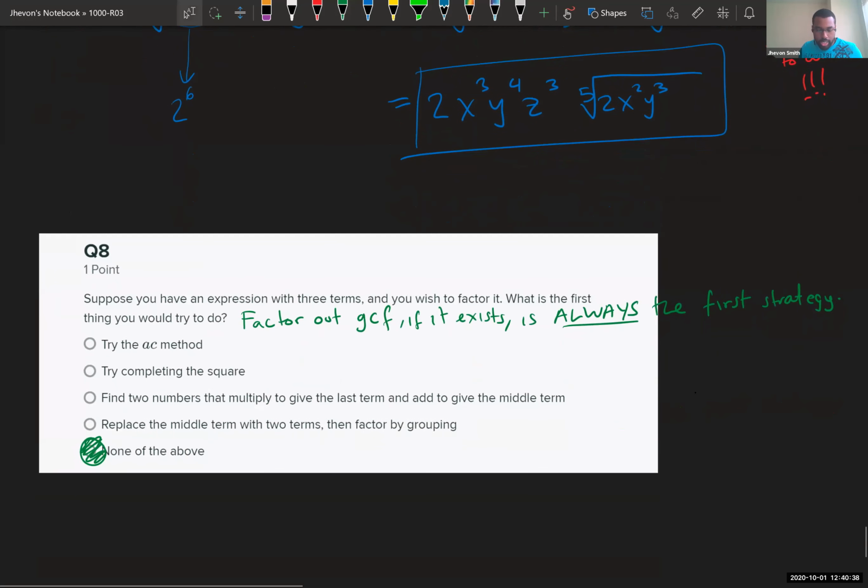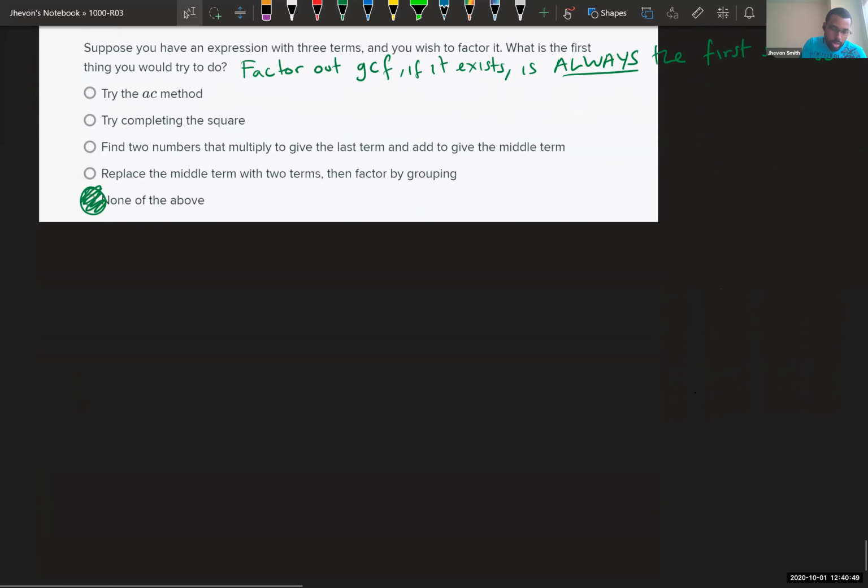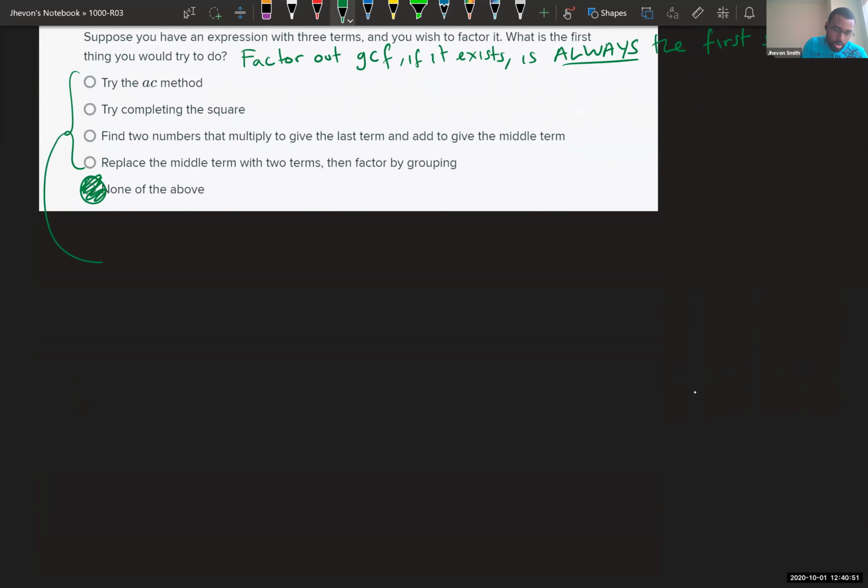So all of these options here are things that you would do if you knew it was a quadratic, but we don't know it's a quadratic. So these may be applicable for specific quadratics.